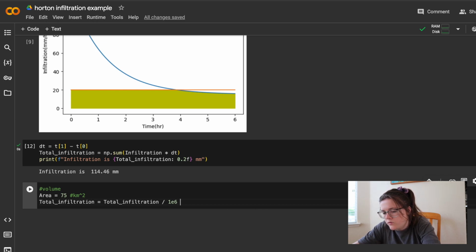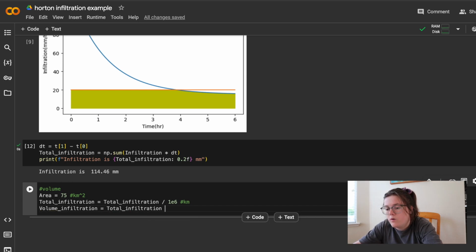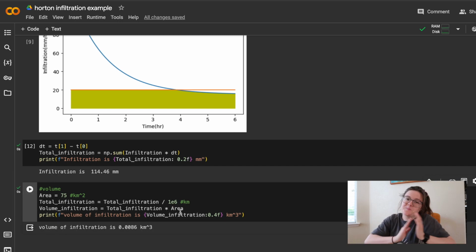And then that will get us from millimeters to kilometers. And then our volume of infiltration will be total infiltration times our area. And then we'll print, let's see. That's what we got when we did it by hand.